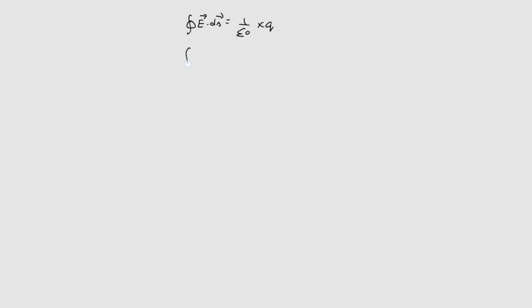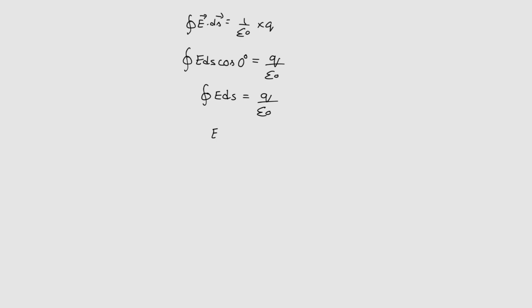Therefore, this formula reduces to E dS cos 0 degrees equal to Q by epsilon naught. And what is cos of 0 degrees? It is 1. So once again, this becomes the surface integration of E dS equal to Q by epsilon naught. What is the shape of the surface? It is a sphere.